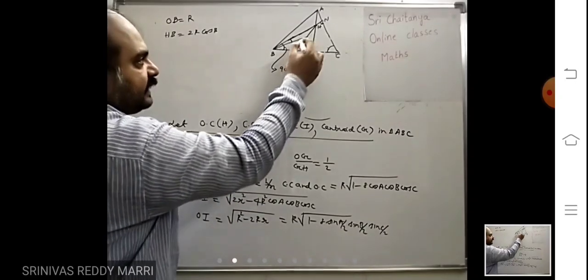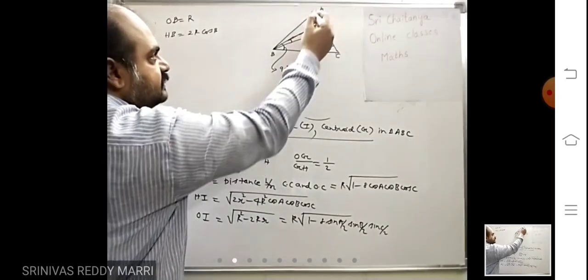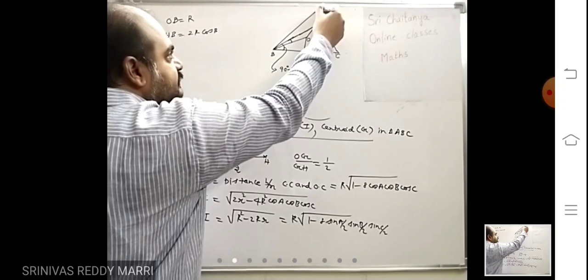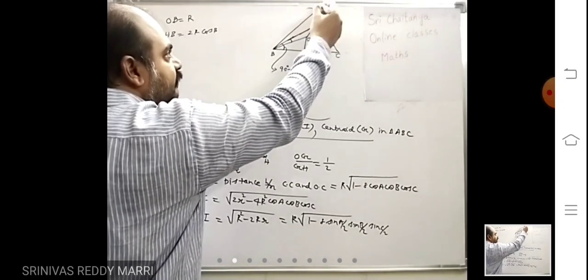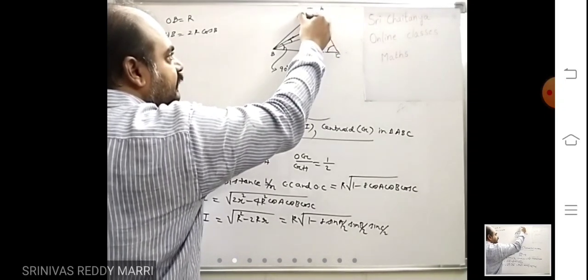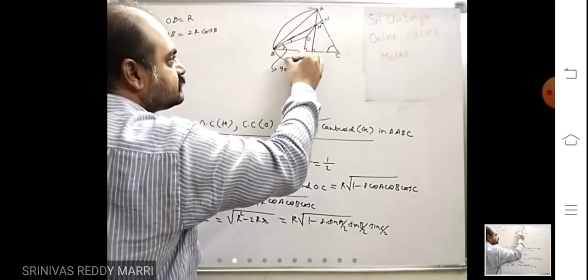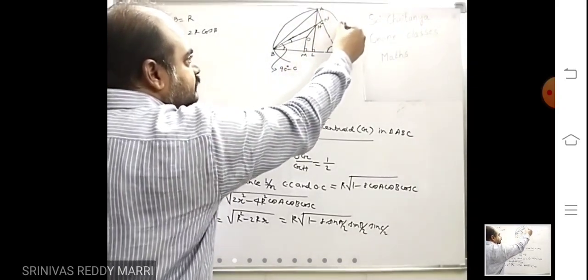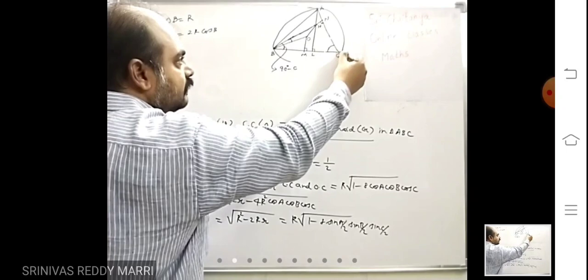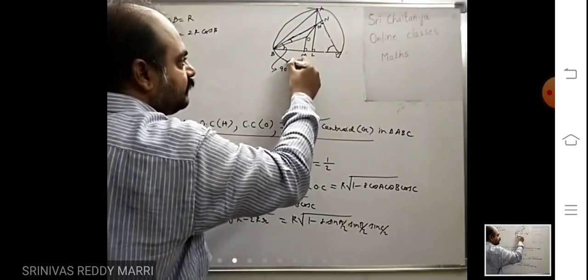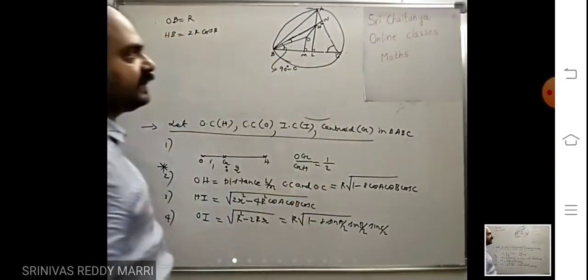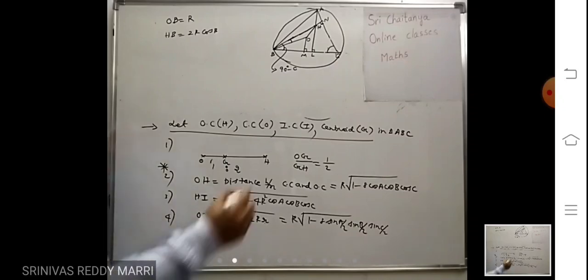Now look here. I am drawing the circumcircle of triangle ABC.